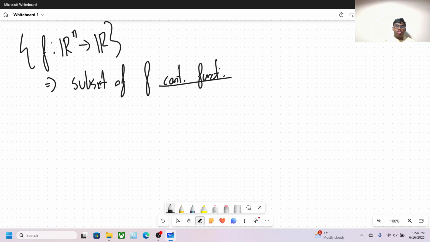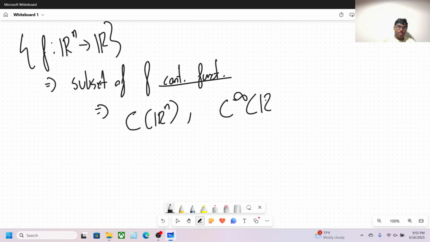If f is continuous and g is continuous, f plus g is continuous, and scalar multiplication won't change continuity. So this is going to be a vector space. This space might be denoted C of R^n. The set of smooth functions, which are infinitely differentiable functions, a quite stronger condition, is going to be called C infinity of R^n.